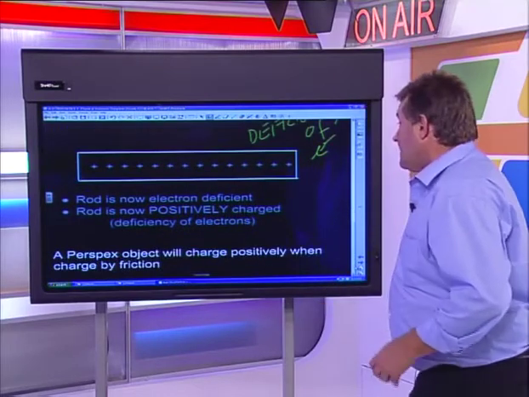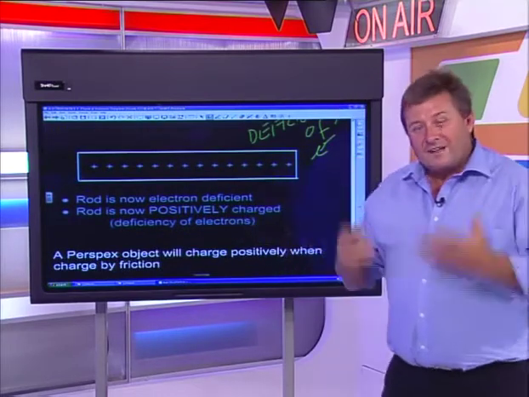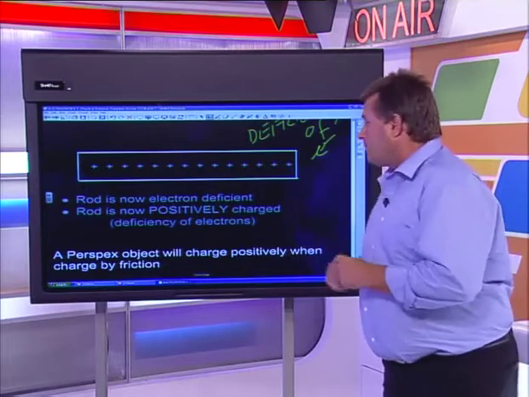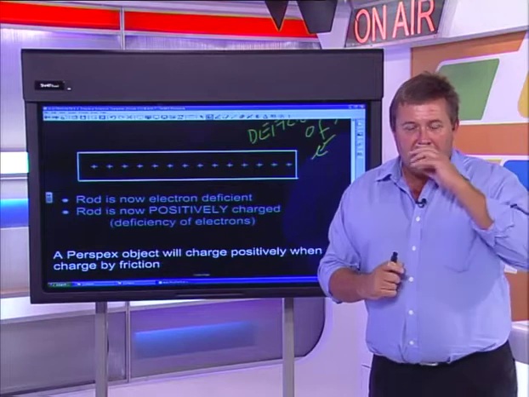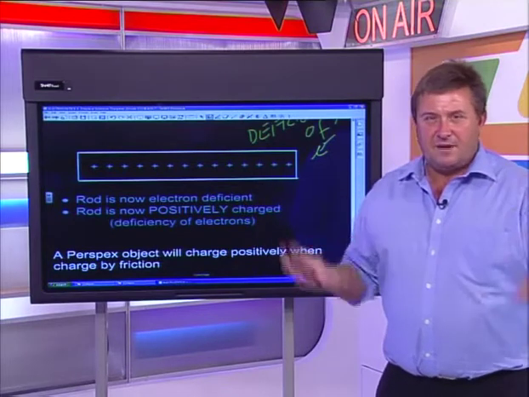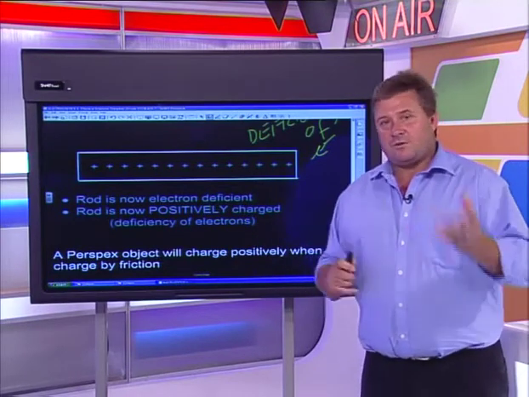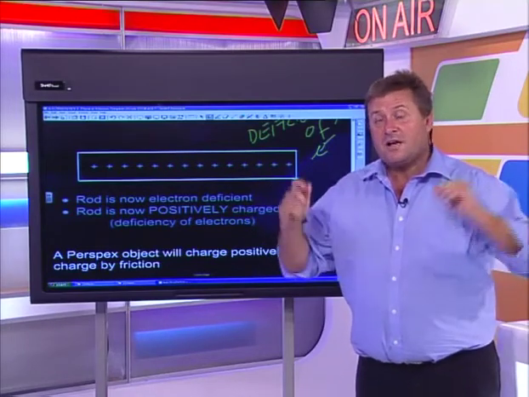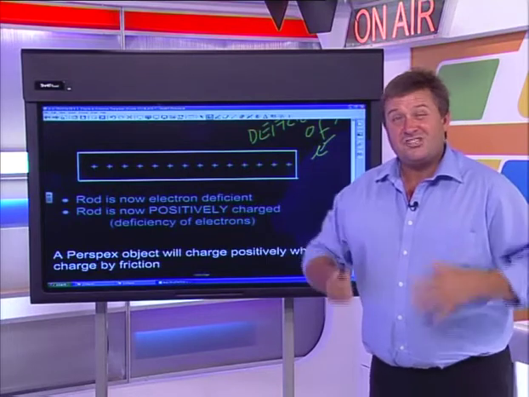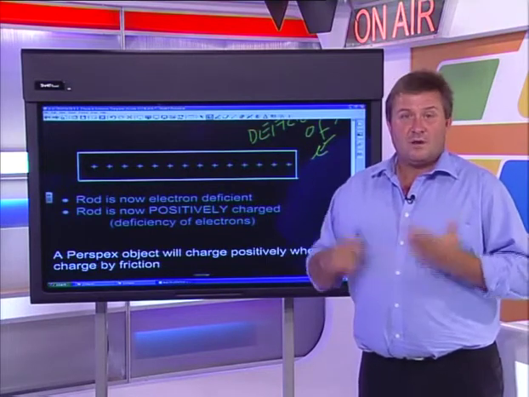Now, an example of what type of object will actually charge up positively, well, a perspex rod will do that. Now, guys, perspex is just simply a type of plastic. A lot of you guys have got perspex rods at school. In fact, we don't call them a perspex rod, you call it a ruler. And a ruler generally is made from a substance called perspex.